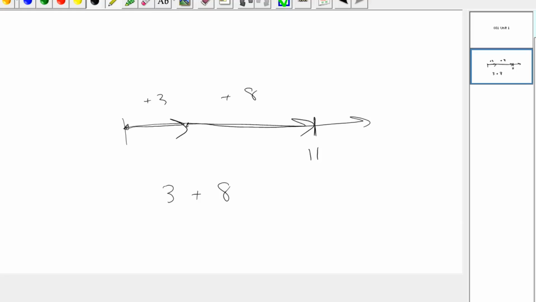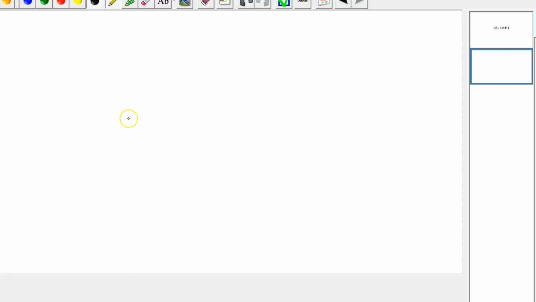And there's a couple of ways to think about this in terms of a number line. So here's 0, here's 8, here's 14, and we want to find this difference. Okay, and the word difference gets a little bit tricky with subtraction, so we call the answer to a subtraction problem a difference.